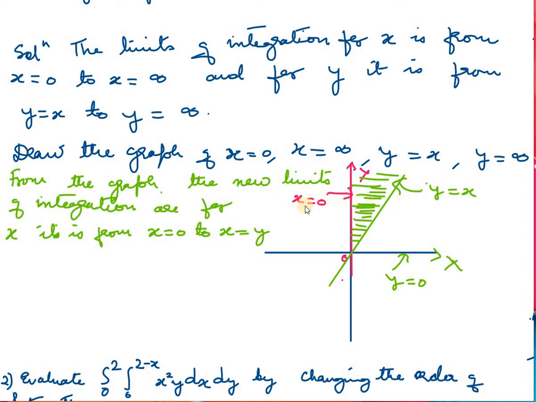So on the left side, it is bounded by x is equal to 0, and on the right side, it is bounded by the line x is equal to y. And for y, it will be along the vertical line, that is, below it is bounded by y is equal to 0 and above by infinity.